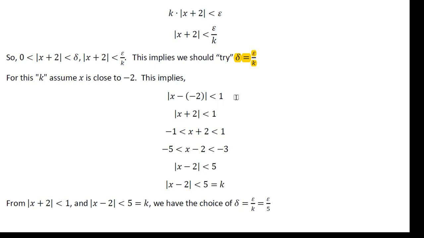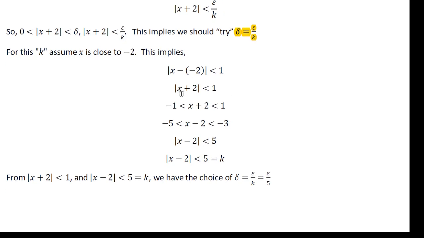Why am I choosing 1? Well, because 1 is a nice number to multiply, divide, add, and subtract. I could actually use any number, but I'm going to choose to use 1 because that's a very easy number to deal with. I have then the situation of the absolute value of x plus 2 is less than 1.